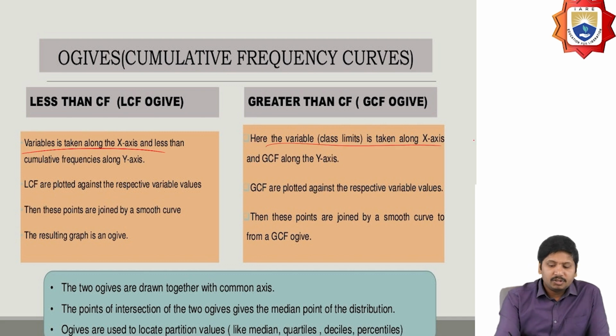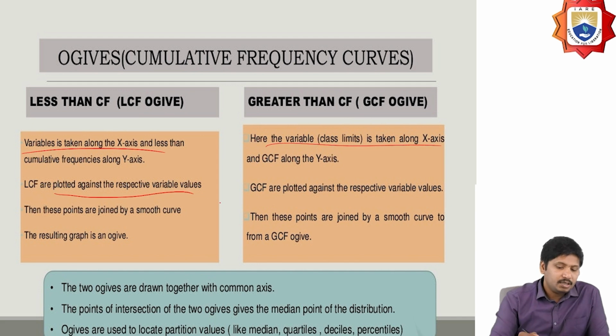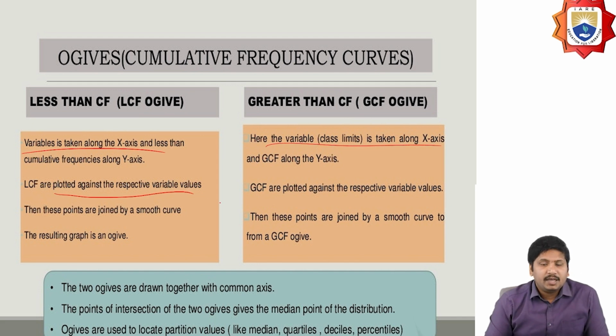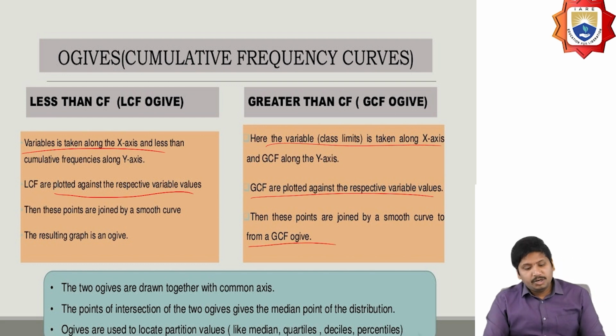And for the greater than ogive, the variables are taken on the x-axis and the greater than cumulative frequency is considered on the y-axis. The less than cumulative frequencies are plotted against the respective variables, and likewise the greater than cumulative frequencies. These points can be joined by a smooth curve, which forms the less than and greater than cumulative curves.